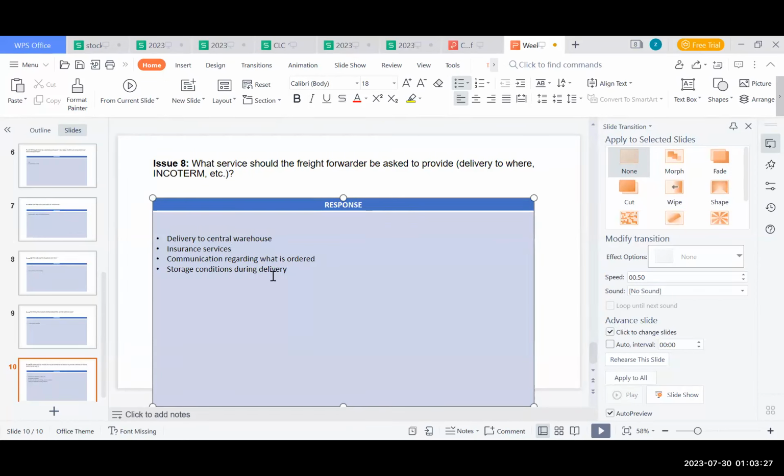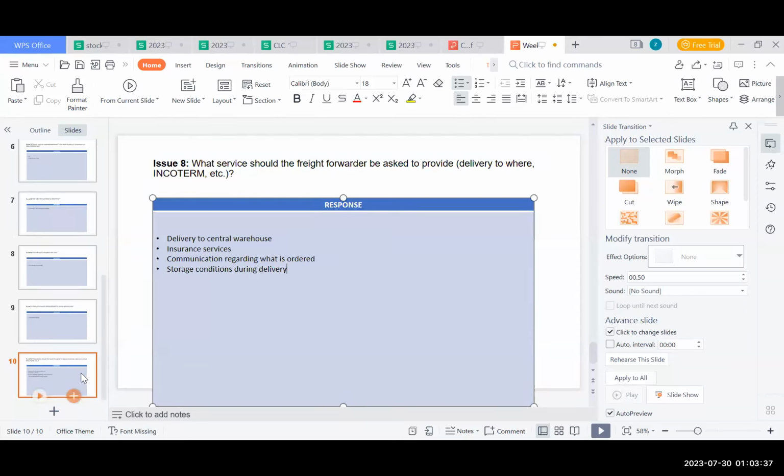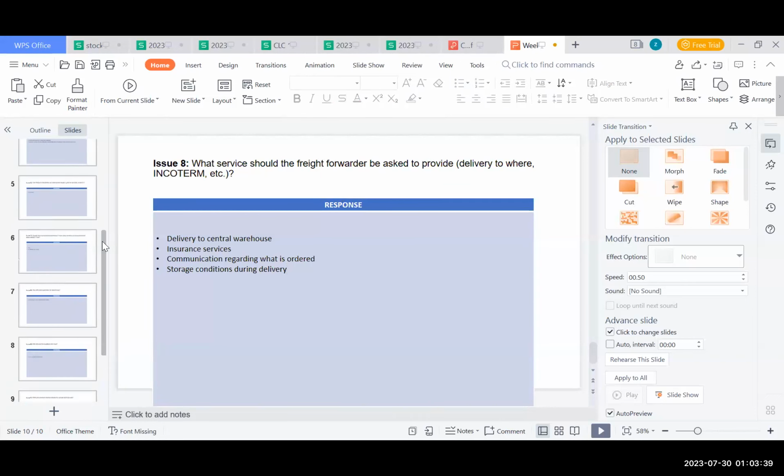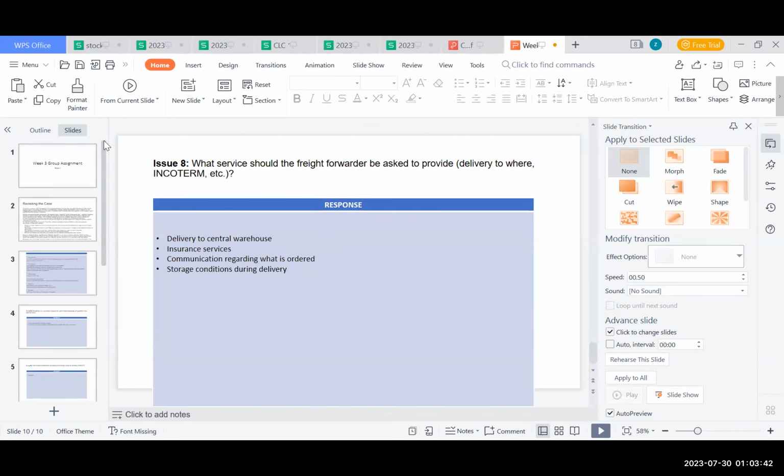Then communication regarding what is being ordered, and then storage conditions during delivery. This is particularly important for cold chain products. So these are what we were able to come up with in group 2. We wait for queries and contributions from either my team members or other members of the class.